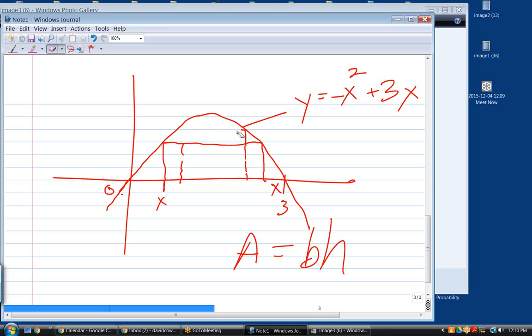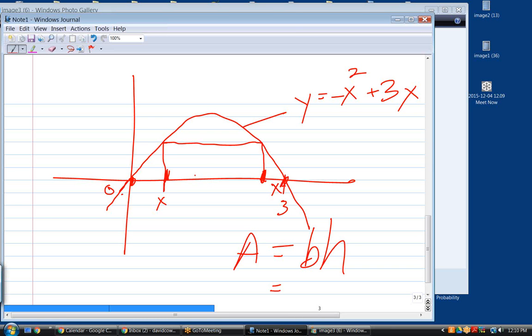So now what is my base of the rectangle equal to? 2x. No, I want the dimension from here to here. That's the base of the rectangle. 3 minus 2x. Okay. You see why? In other words, from here to here is 3.